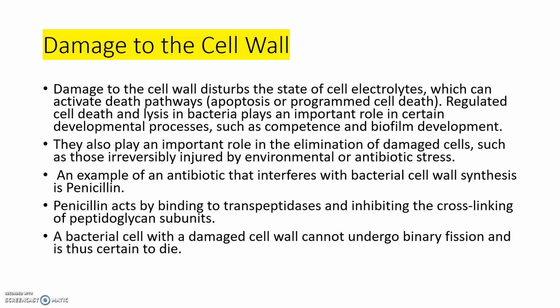It may result in a bacterial cell with a damaged cell wall. Why? No peptidoglycan synthesis or assembling of peptidoglycan subunits takes place. The damaged cell wall cannot undergo reproduction by binary fission, and the cell may finally die.